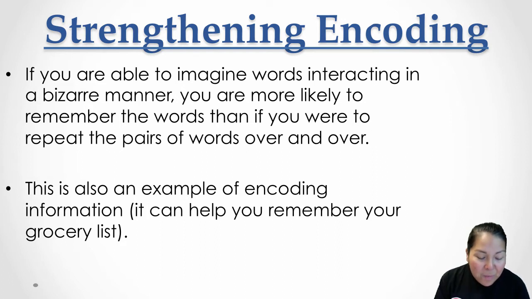One example could be going through your grocery list, pairing the items, walking through Walmart, and imagining all the interesting types of people that you see at Walmart and pairing them with that grocery list.